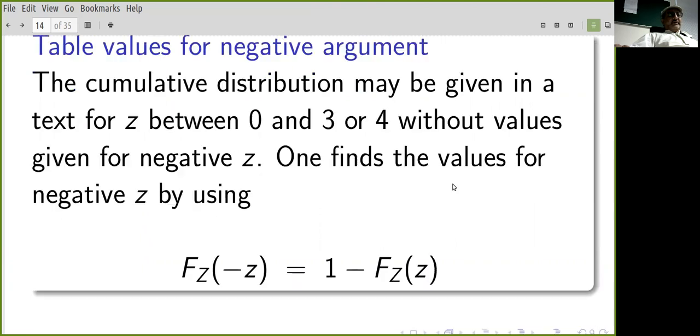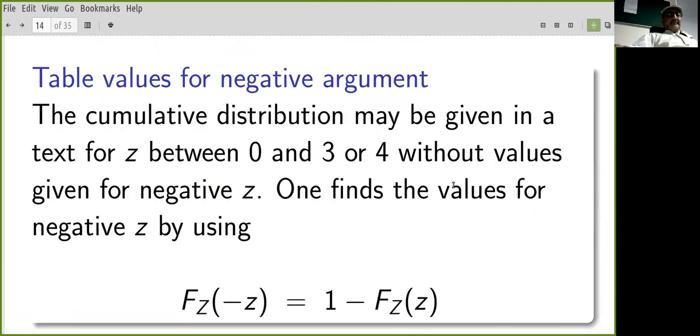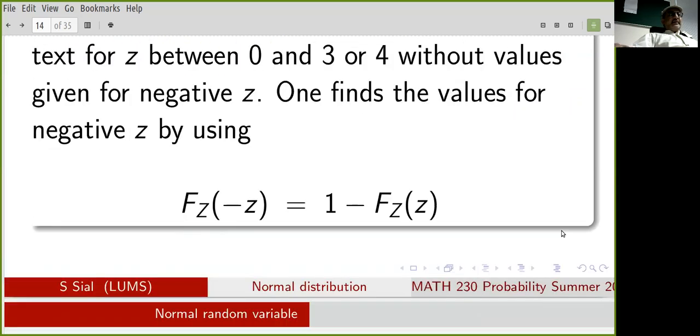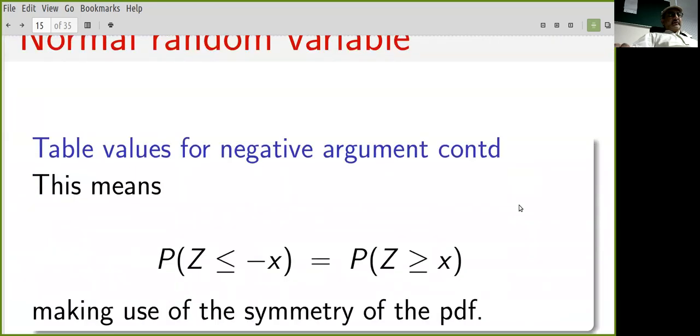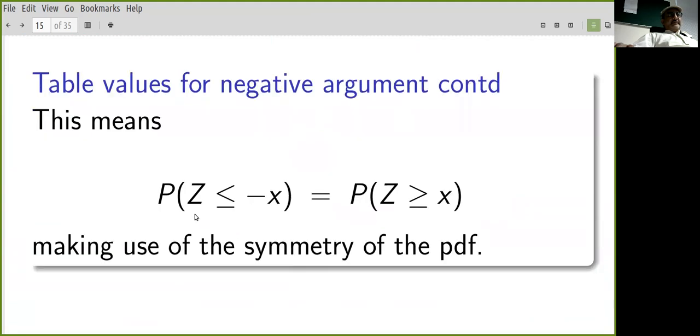The way you would do it then is, employing the symmetry of the bell curve, F sub Z of minus z is equal to 1 minus F sub Z of z. So that means that the probability that Z is less than or equal to minus x is equal to the probability that Z is greater than or equal to x.